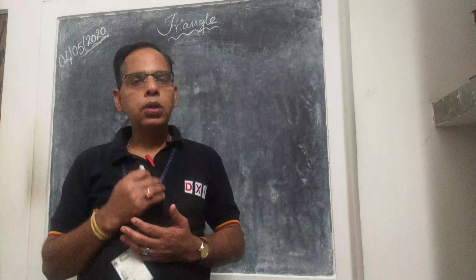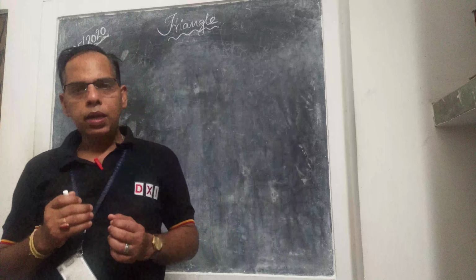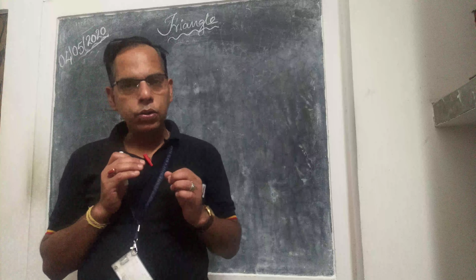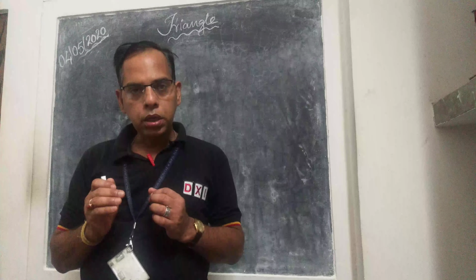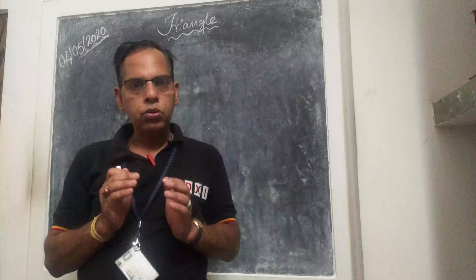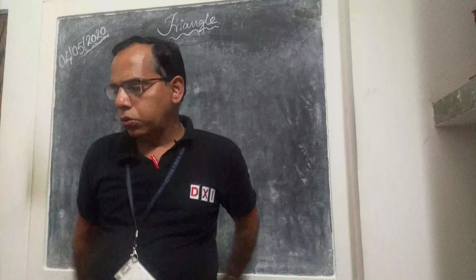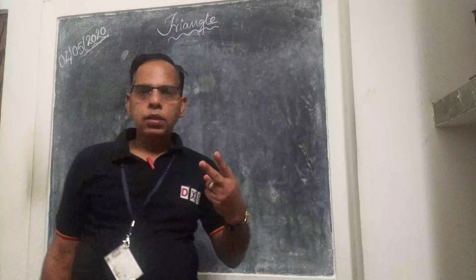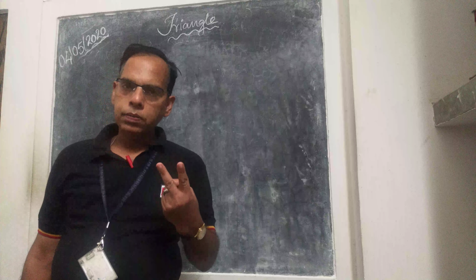And in geometry, I told you last time also, if you can draw the diagram by reading the question, without looking, then half of the question is done. So today's theorem is about two similar triangles.